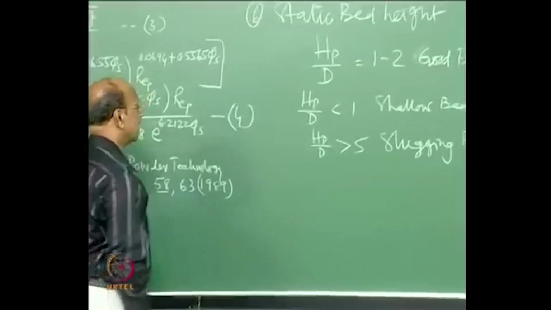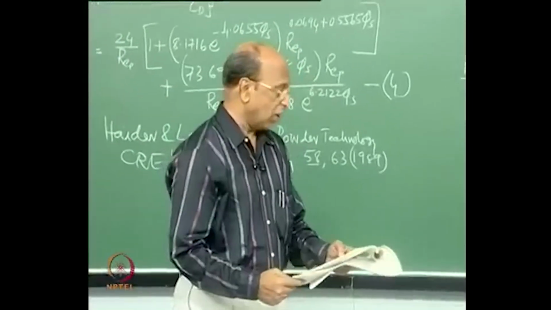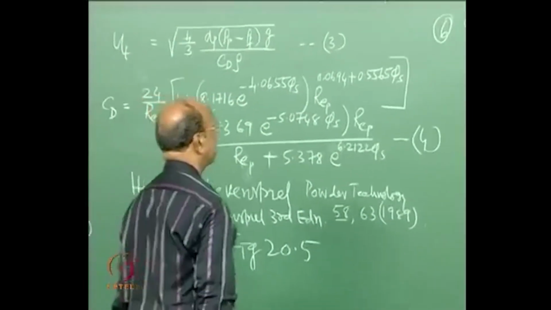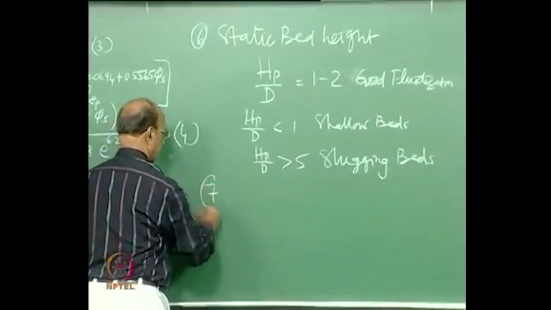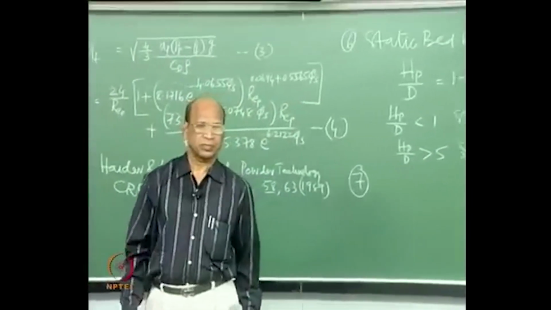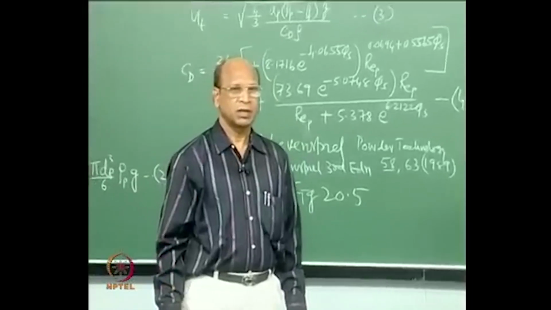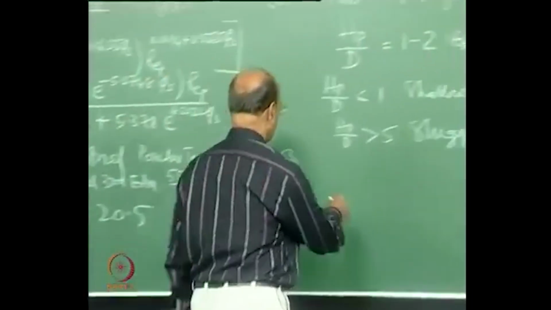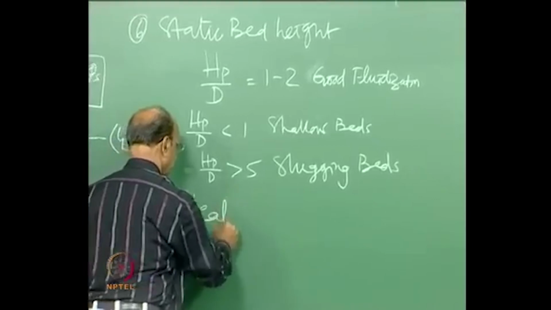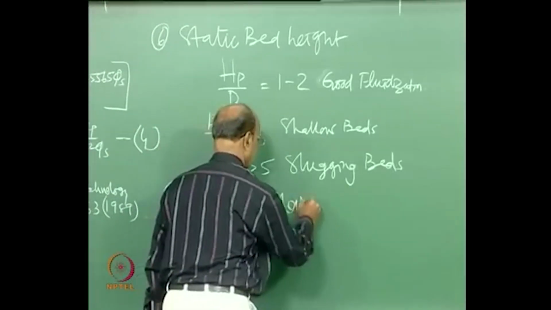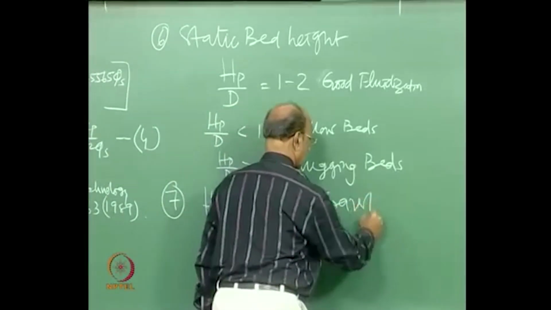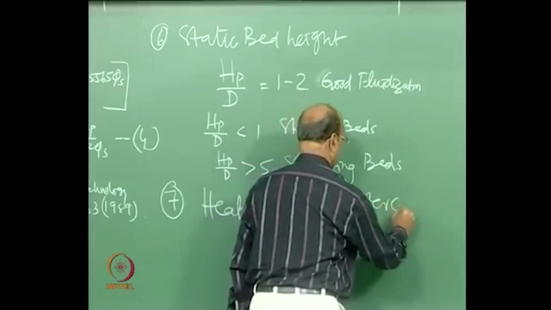Okay, good. So, that is static bed height, and the last one is 7. Bela, you have heat and mass transfer correlations.